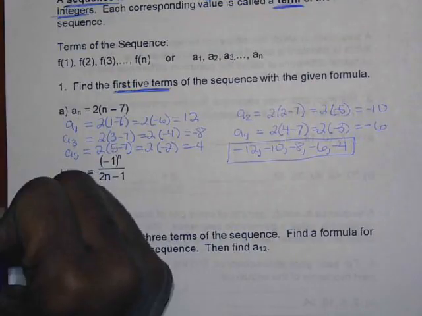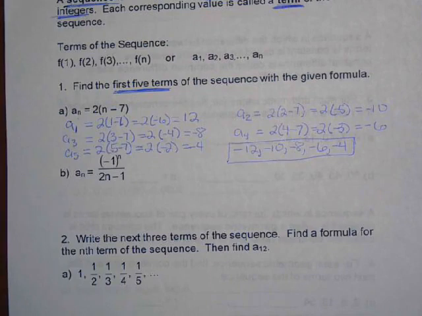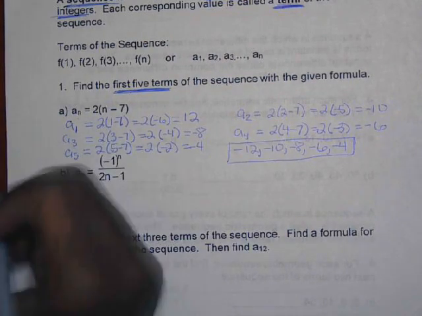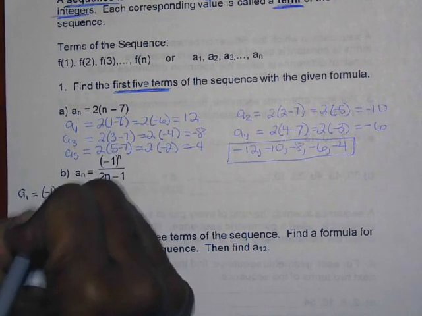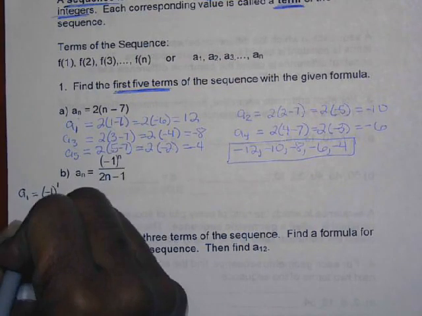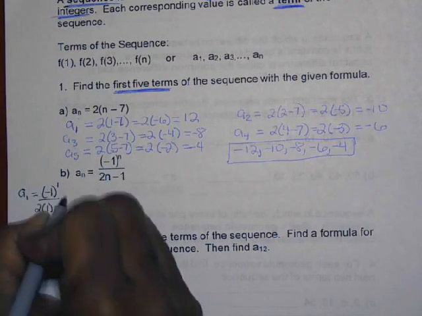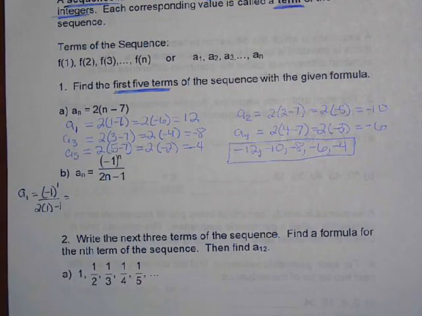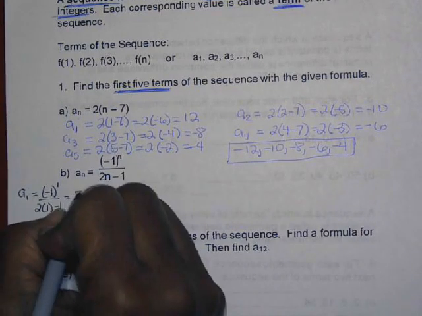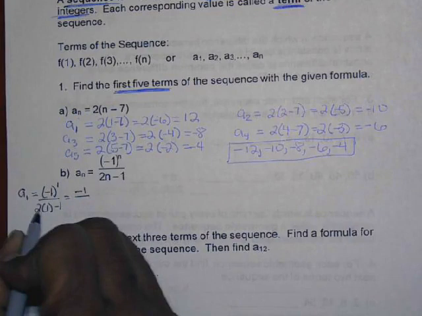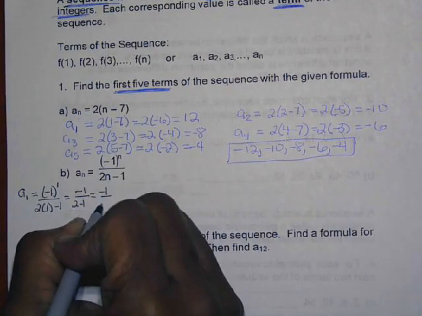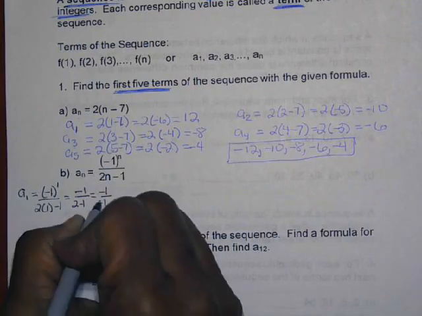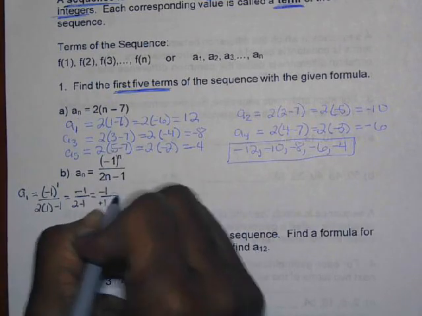A sub 1 equals negative 1 to the first power divided by 2 times 1 minus 1. So that gives me negative 1 over 2 minus 1, negative 1 over positive 1 equals negative 1.